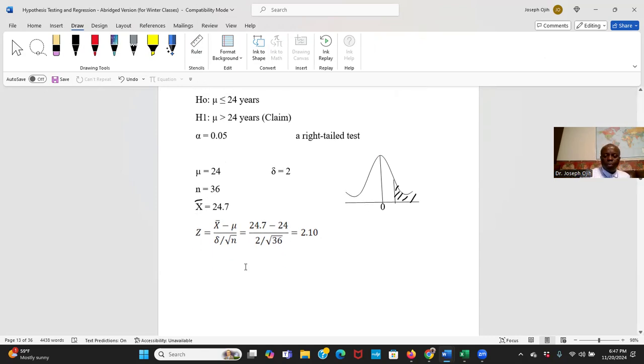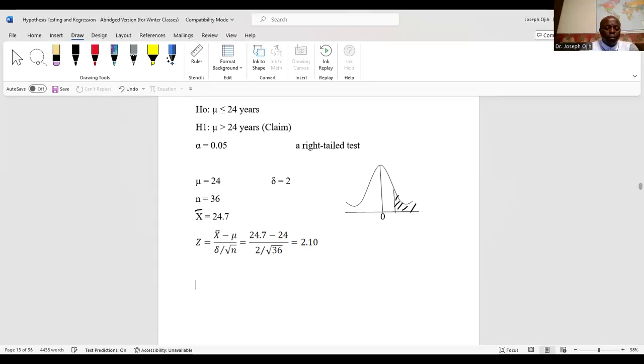To find the p-value, we look for 2.10 in the table of normal distribution, on the right tail.